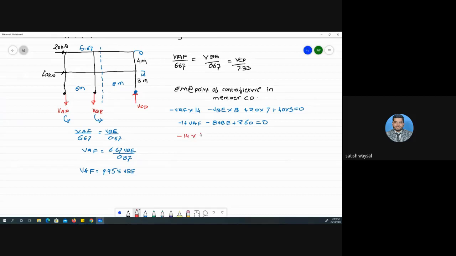Minus 14 into 9.955 VBE minus 8 VBE plus 260 is equal to 0, and that will give us VBE is equal to 1.76. Very good. Correct answer. 1.76 kilonewton.